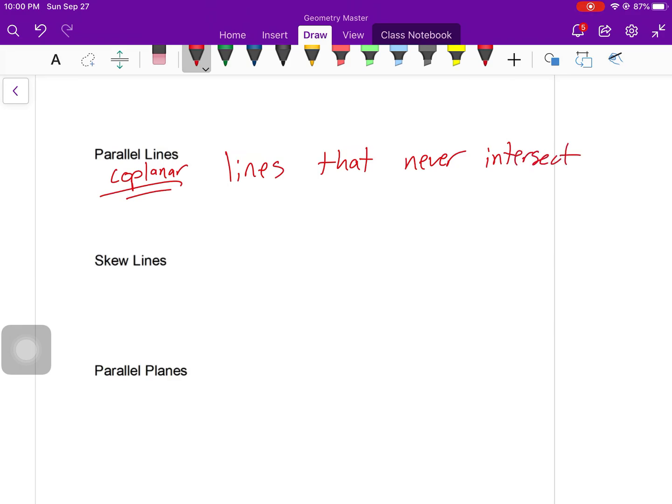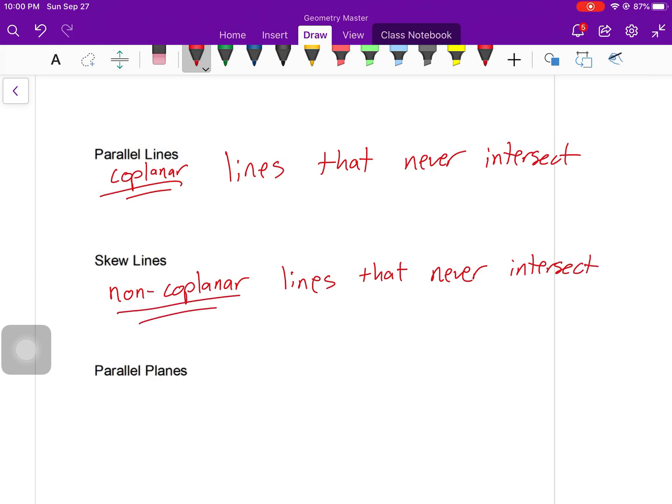Okay, anytime you've talked about lines in the past when you were younger, you always talked about coplanar lines without realizing you were using coplanar. But the reason why that's important is because skew lines are non-coplanar lines that do not intersect. So the fact that we have coplanar is important.